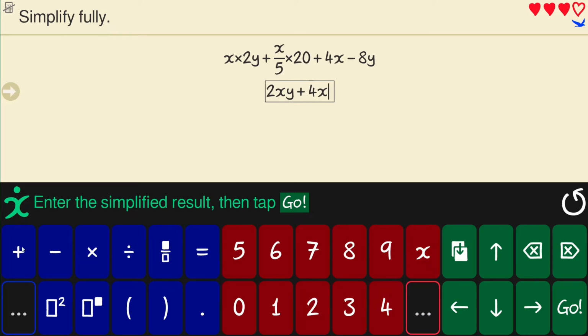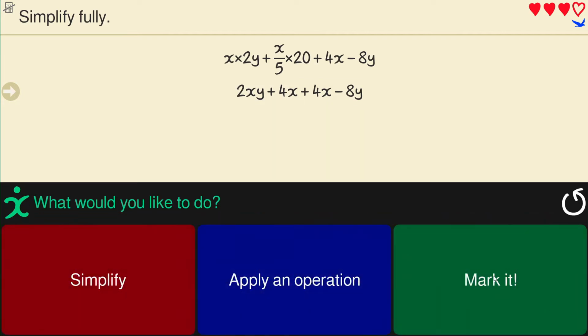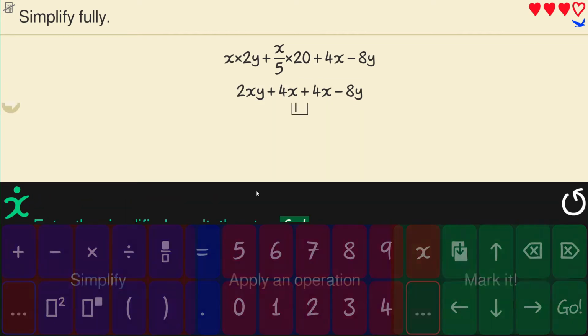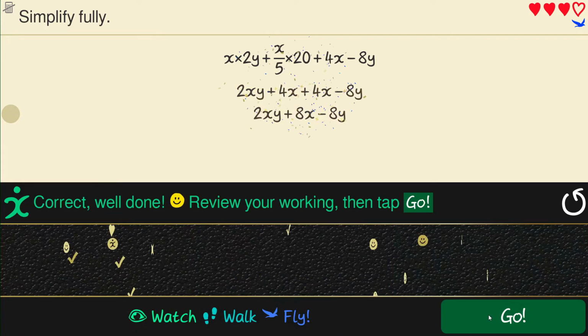Then there's another plus 4x term, so plus 4x, and then take away 8, oh, not 84, 8y. There we are, and then I can simplify that again by collecting the x terms. So let's paste that in, and 4x plus 4x will give me 8x. There we go, and it likes that.